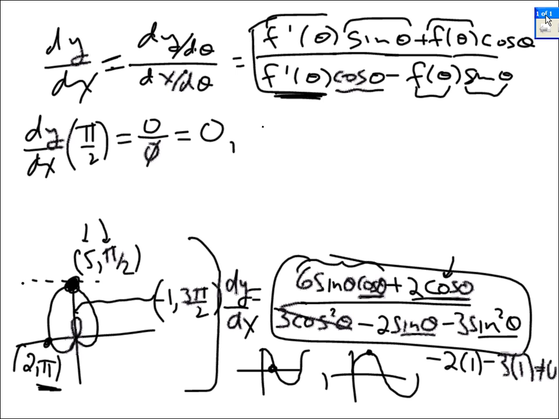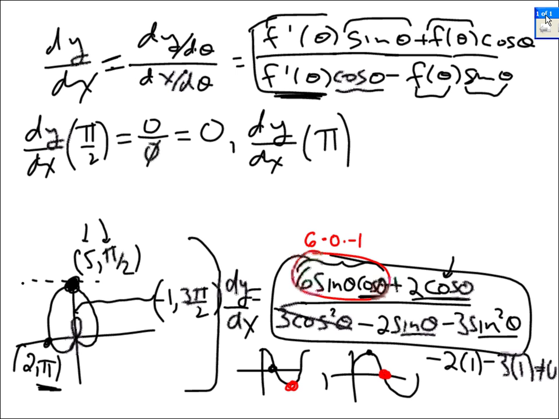We want to find the derivative at pi. And this time, the sine will be 0, and the cosine will be negative 1. So in the first term, I have 6 times 0 times negative 1. That's 0. And in the second one, I have plus 2 times negative 1. Well, that's negative 2.